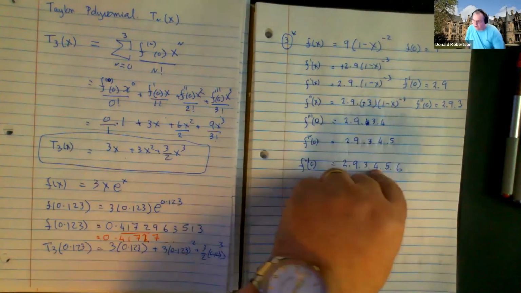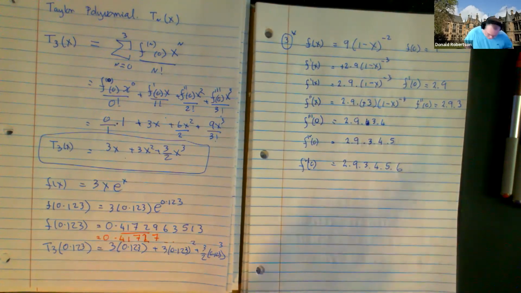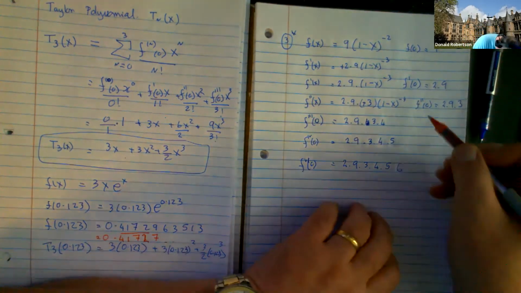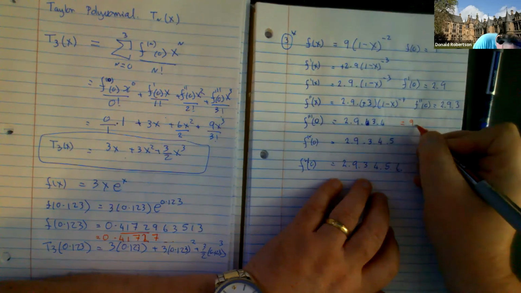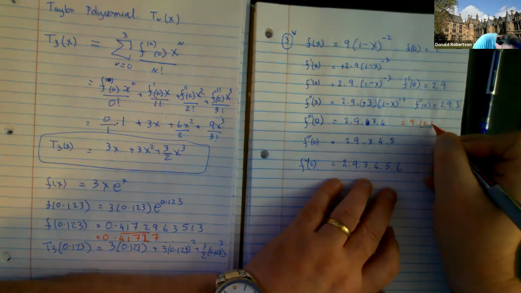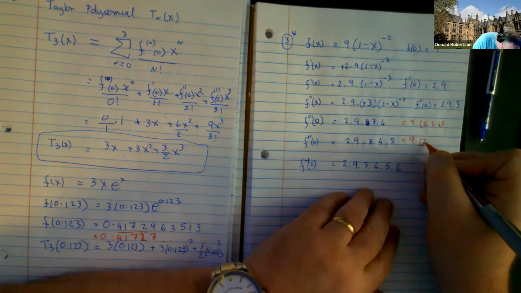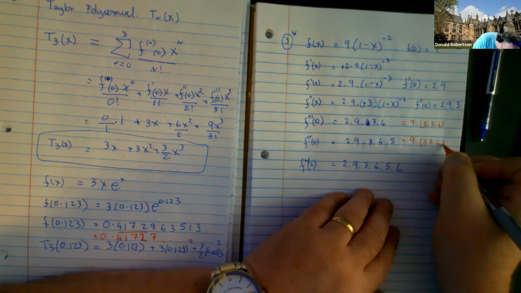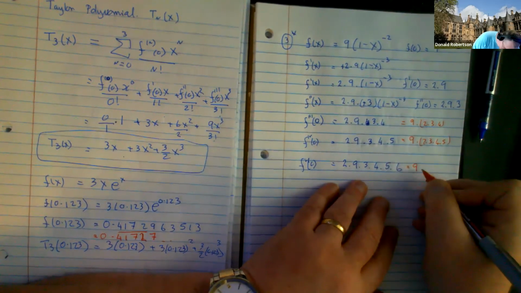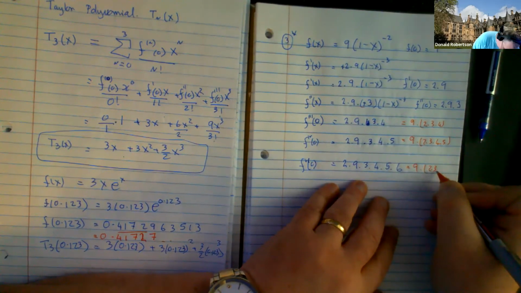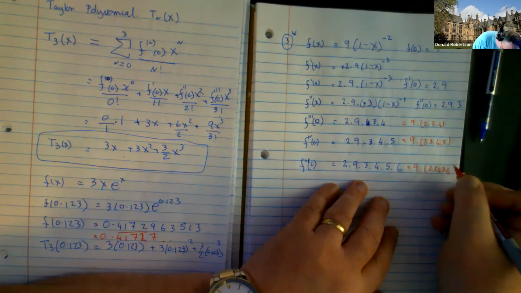Well, you just trust me that that's what you get. Now I'm going to do a little rearranging here. I'm going to call that 9 times 2 times 3 times 4. And this one I'm going to call 9 times 2 times 3 times 4 times 5. And this one I'm going to call 9 times 2 times 3 times 4 times 5 times 6.